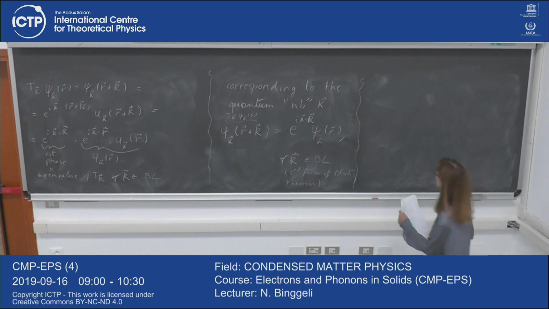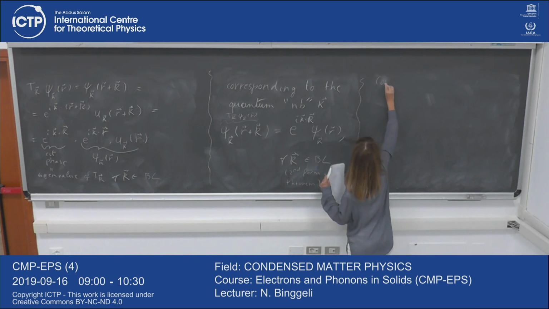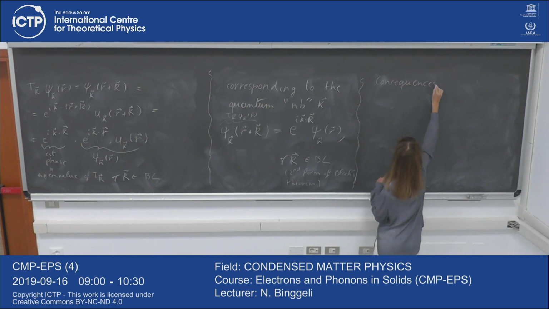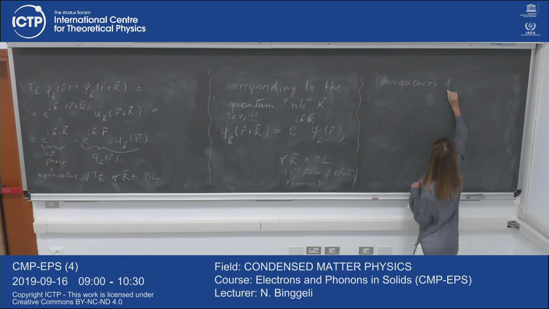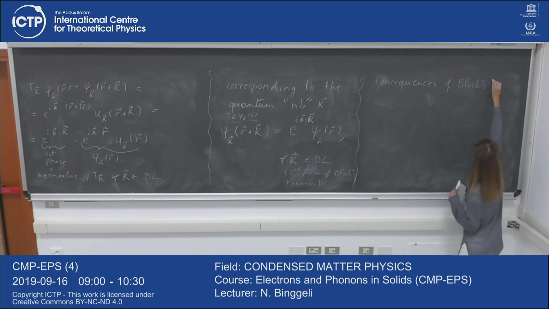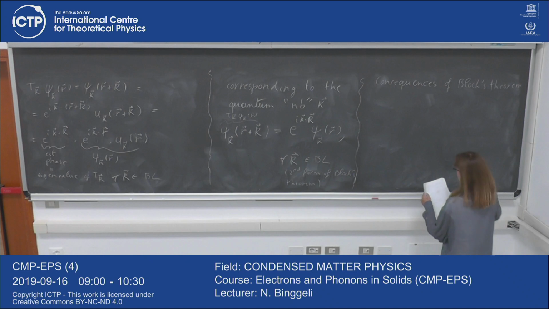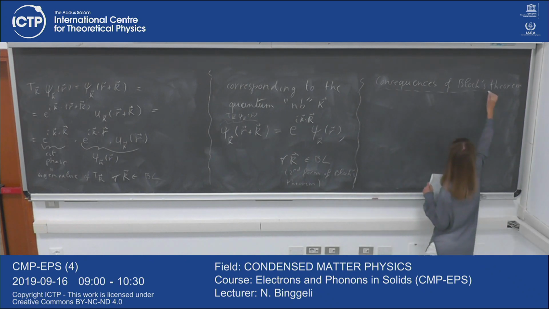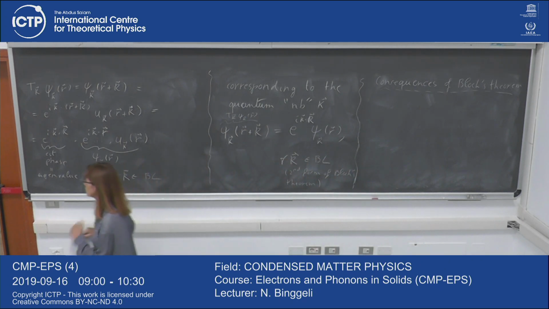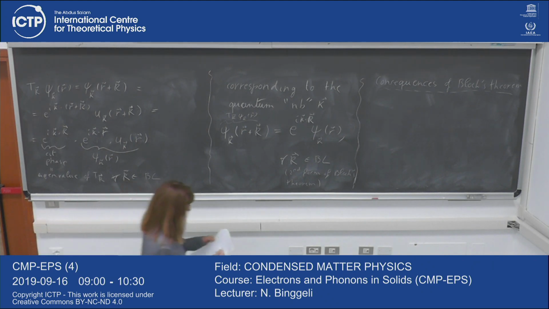So let me just give some consequences. And the first one is actually that one can always write a Bloch state as a Bloch state with k vector in the Brillouin zone.